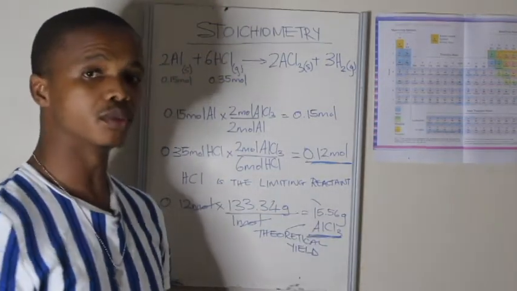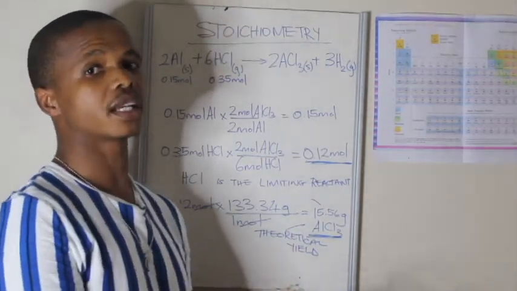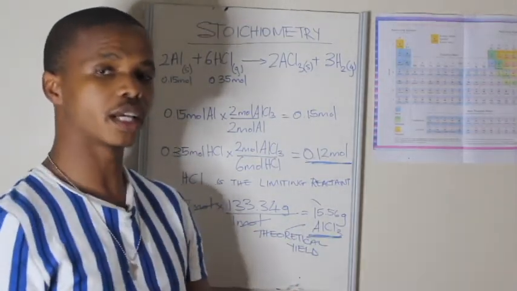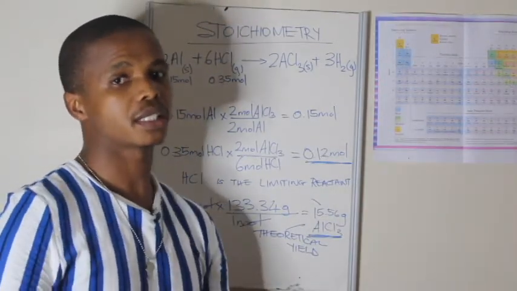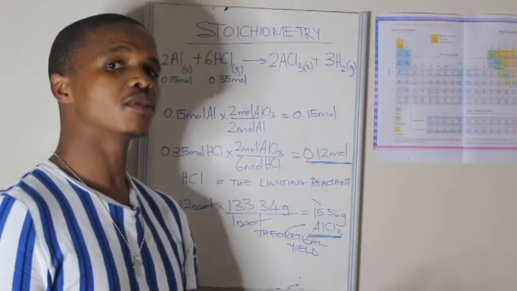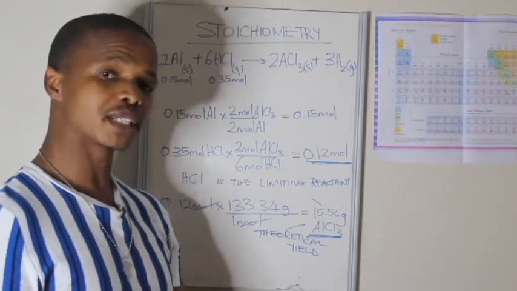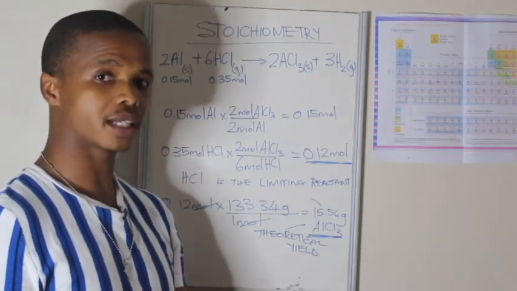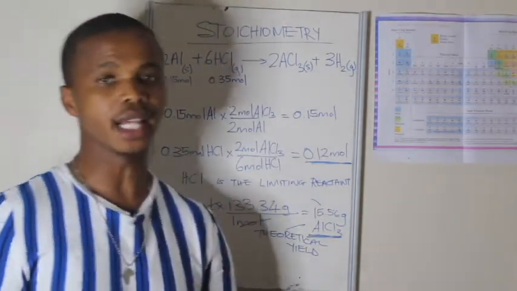Once you are able to identify your limiting reactant, you can use your limiting reactant to calculate the amount of the required product from using those moles of your limiting reactant. The amount that you get from there, which is the maximum amount that you can get in that particular reaction, is called your theoretical yield.